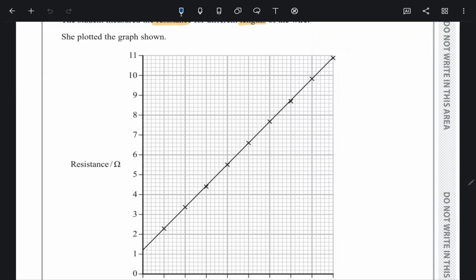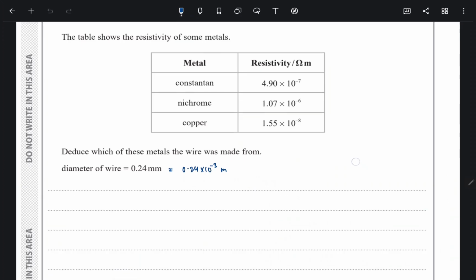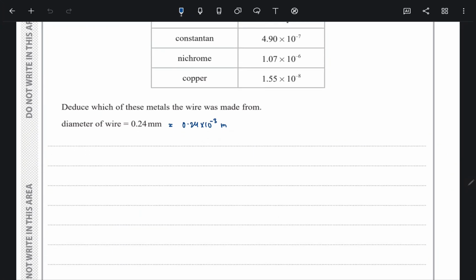Okay, so the resistance versus length graph can be used to find the resistivity because the resistance is equal to rho L by A. We have drawn a graph of resistance, which is the y-axis, and the length, which is the x-axis. So rho divided by A is going to be the gradient of the graph.